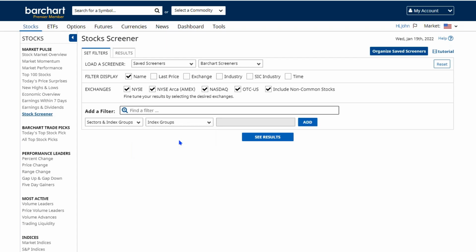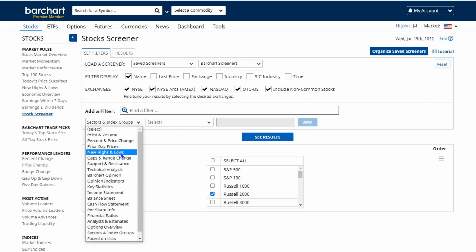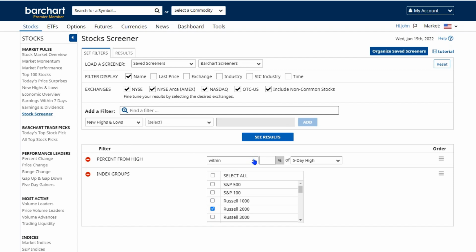So I'm just going to screen on our larger indexes, and I'm going to start with the Russell. And what I want to do is see, in terms of our highs, how many stocks are outside 20% of their 1-year high.